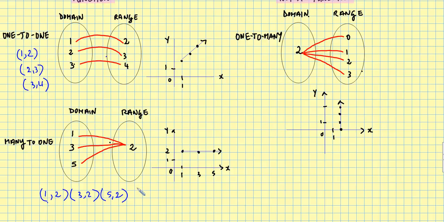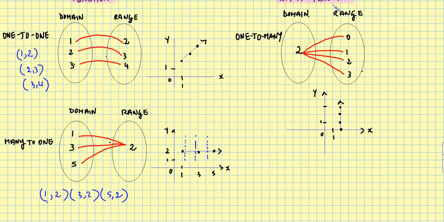The different values of x that take us to the same value of y are considered a many-to-one, and a many-to-one means that it is a function. It's a horizontal line, and when I perform the vertical line test on it, it shows me that it is a function.